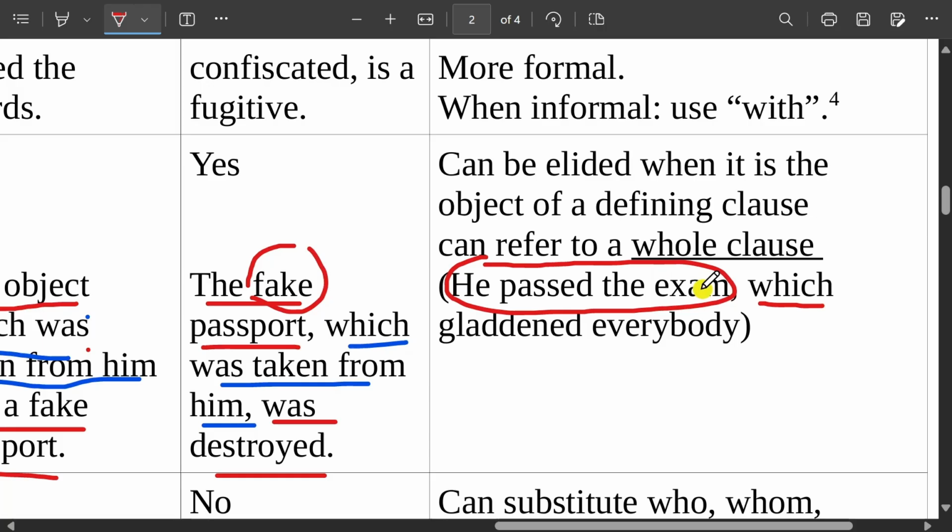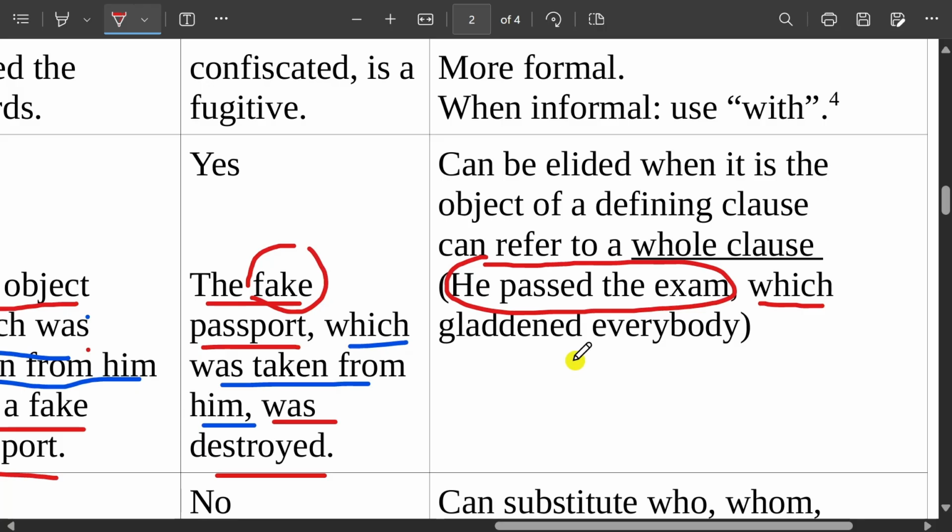Do you understand? Make a sentence like this. This is also very important. Make a sentence with which referring to an entire clause, the entire situation. Gladdened?